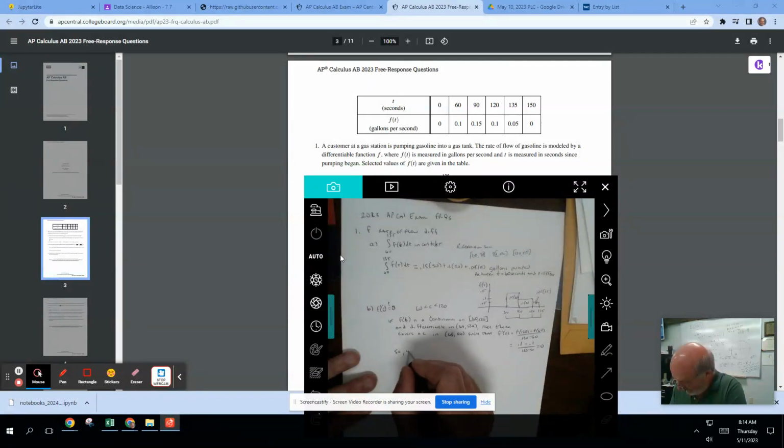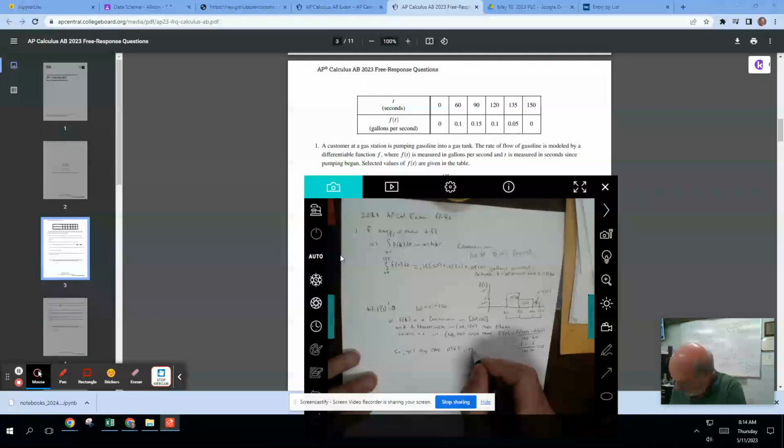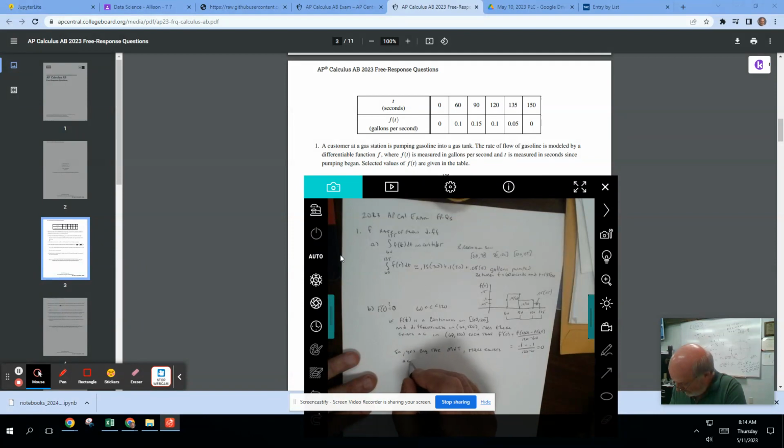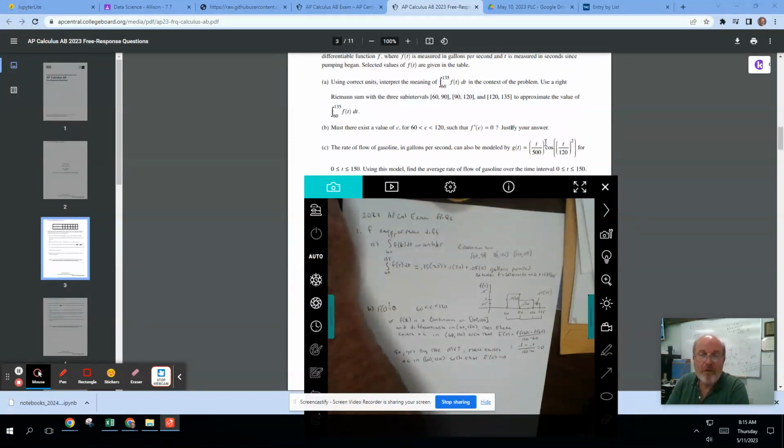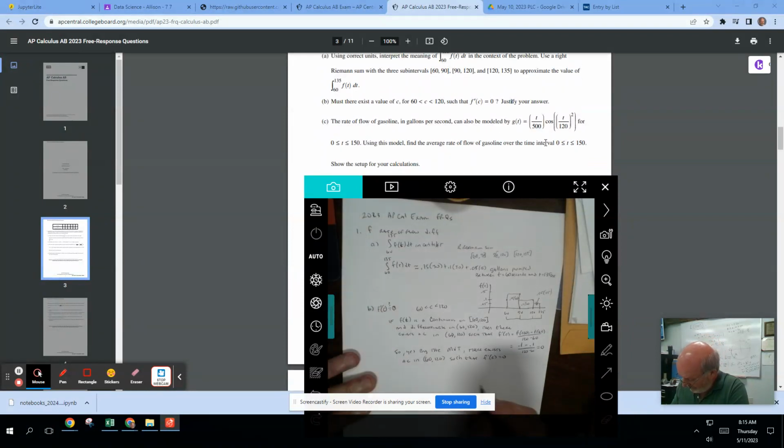So yes, by the mean value theorem, there exists a c in 60 to 120 such that f prime of c equals 0. That's part B.